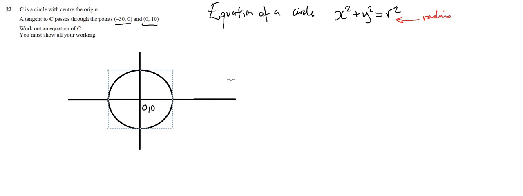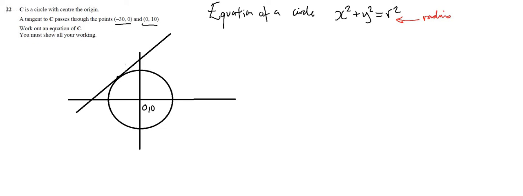There's our circle at the origin, 0, 0. And then we have to draw a tangent. Tangent, remember, only touches our circle at one single point there. Okay, so that's the idea of a tangent.